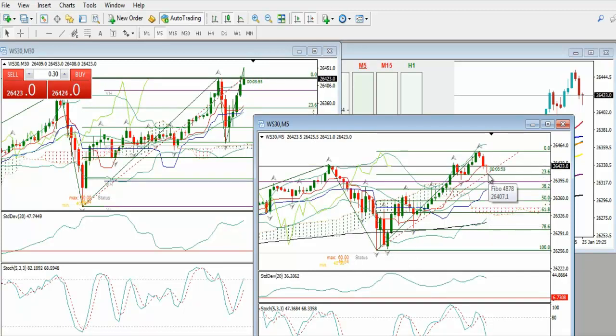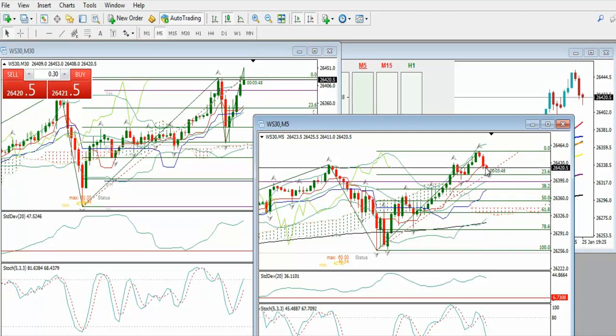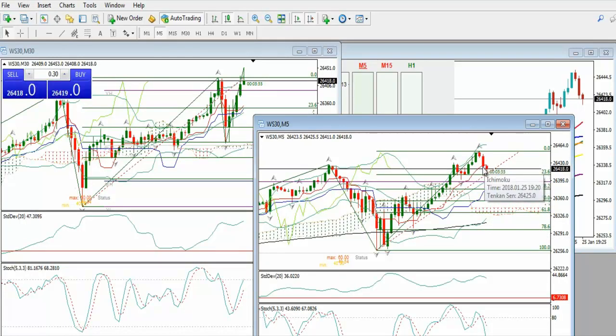But if we have another fractal right there, I will for certain think about entering long again, because I did that previously here, and I will do that again there. The price is now below Tenkan-sen.